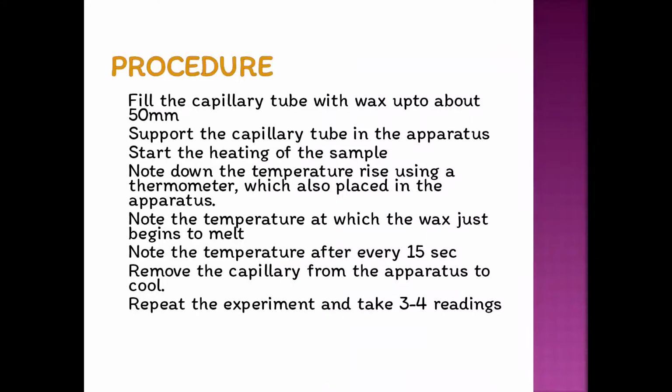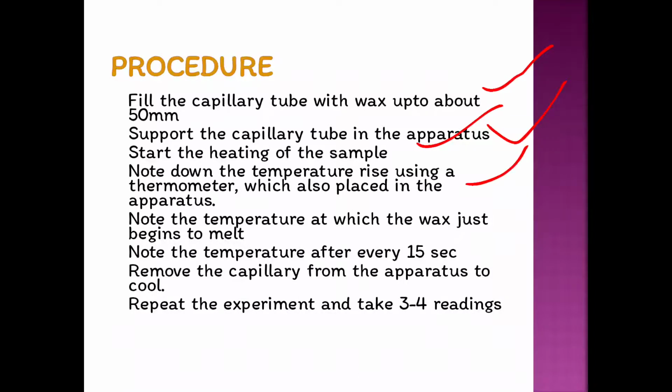Okay. Now what is the procedure? First we will fill the capillary tube with wax up to 50 mm. Then we support the capillary tube in the apparatus, and after that we will start the heating of the sample, and we will note down the temperature rise using a thermometer which is also placed in the apparatus.